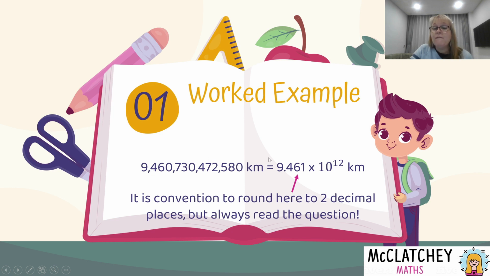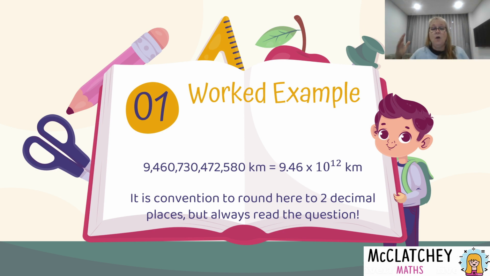So it would be 9.5 times 10 to the power of 12. Okay, so just be aware of the level of rounding that you have to do. So we're just basically chopping off all those digits and saying they are no longer relevant. We just want to keep this to 9.46, and then everything else after this means we're rounding roughly to 9.46 trillion kilometres.